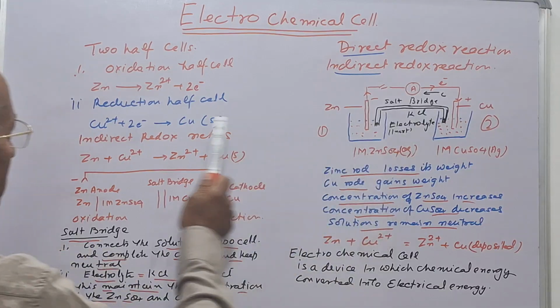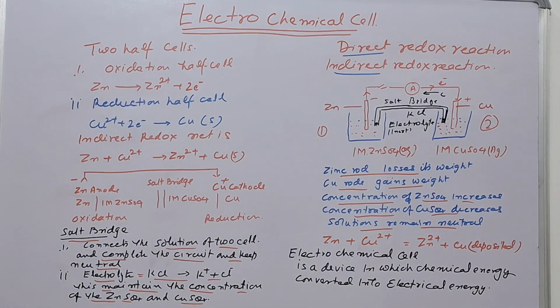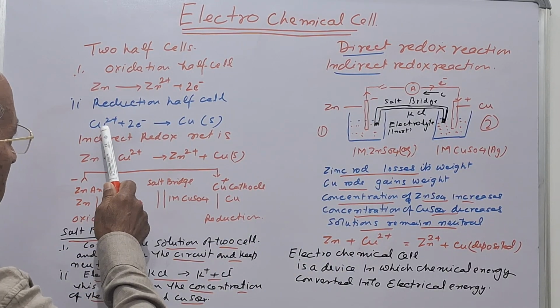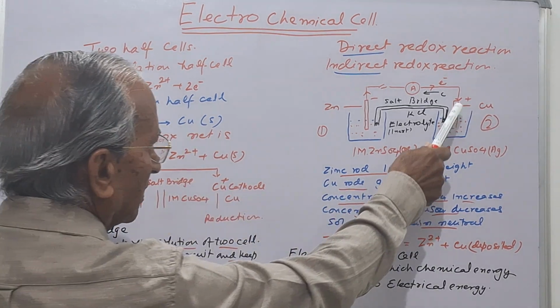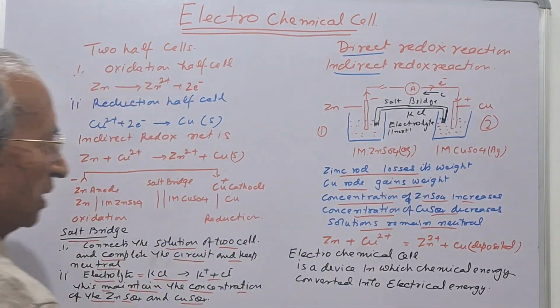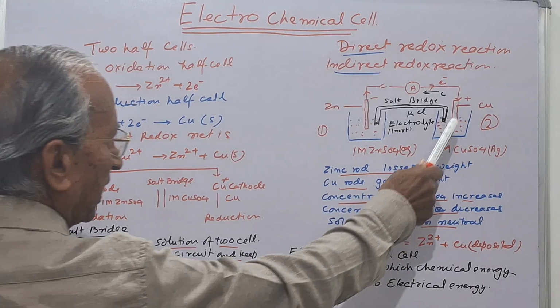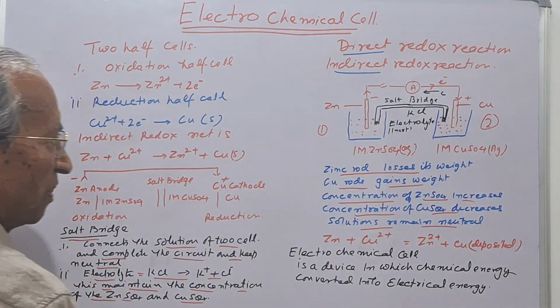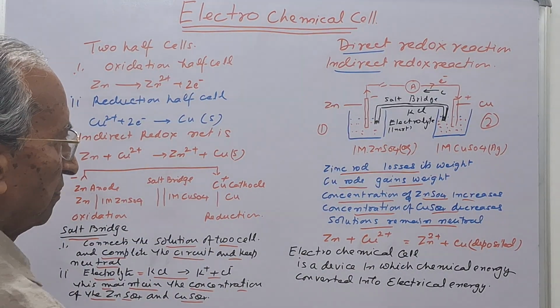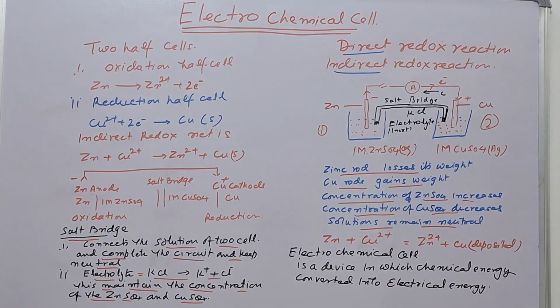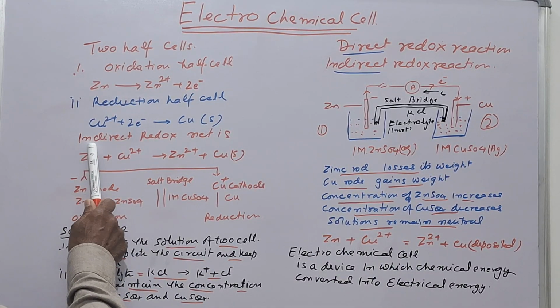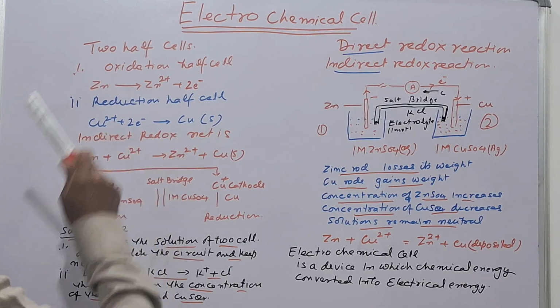Now the second is the reduction half cell, where copper gains the electron and copper deposits on the electrode. So there is a gain in the weight of the electrode and the concentration of the copper sulfate decreases. So that is known as the indirect redox reaction.